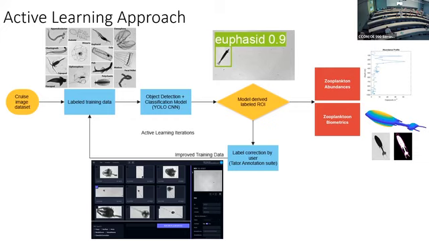And this active learning approach uses those model predictions. So we'll run prediction on the entire data set and then put it in an environment where users, like poor souls like me, can go and look at all that data and correct it, right? What you're doing is basically using the predictions to supplement your training data. So every iteration, you're increasing the fidelity and the size of that training data and presenting it adversarial examples, right?